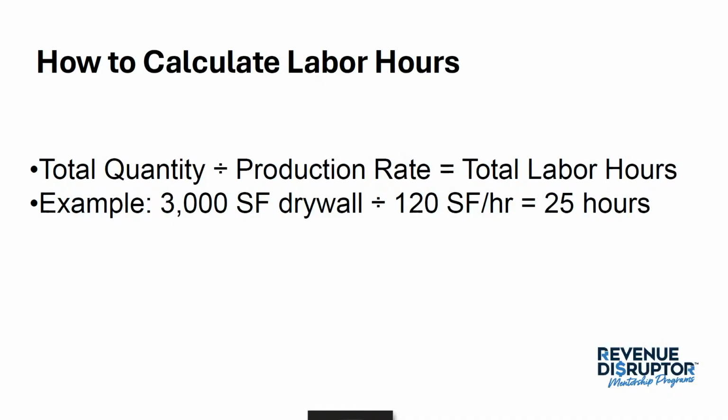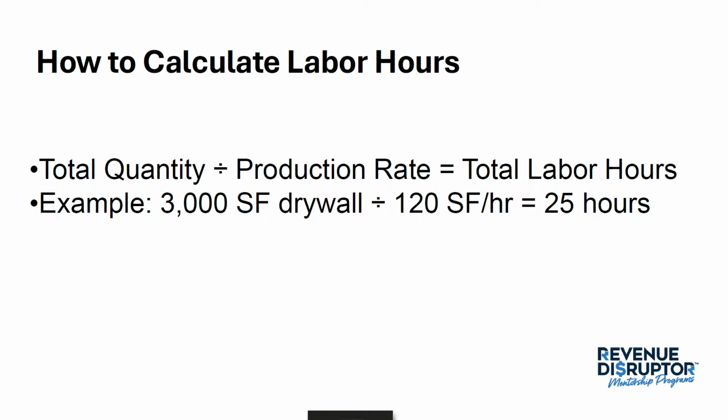Okay, so this is how you calculate labor hours. You want to take the total quantity and divide it by your production rate. So we're calculating the actual hours. How long will it take to complete this task? Once you do your takeoff, you're going to identify, just like in this example, I have a total of 3,000 square feet of drywall.